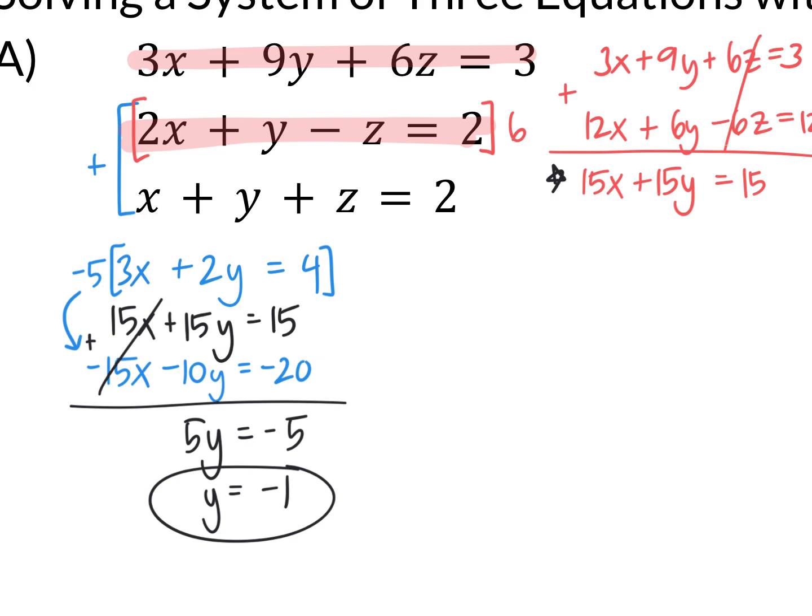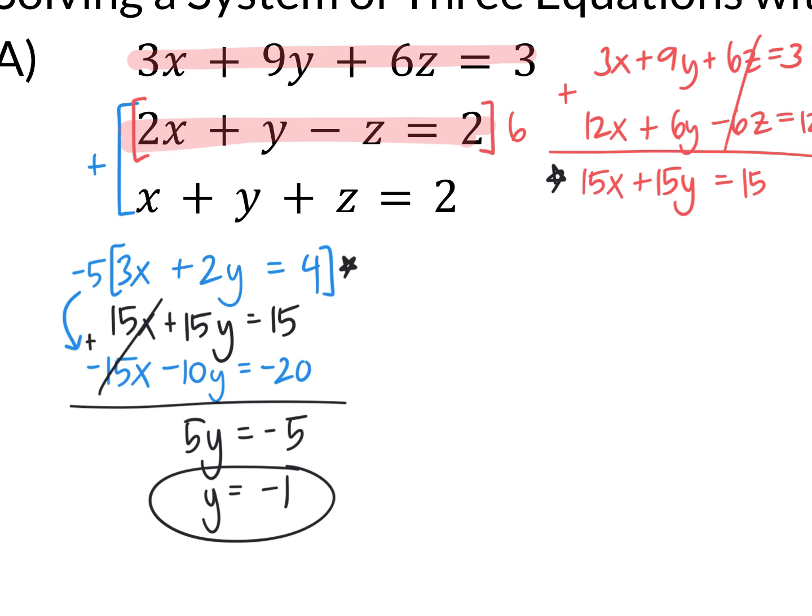Since I have 3 variables here, instead of a coordinate pair with only 2 numbers, we're going to have a coordinate with 3 numbers, and it's going to be in alphabetical order: x, y, z, okay? So now that I know what y equals, I had these original 2 equations here with my stars after I've added them that just have x and y. So can I plug negative 1 back into one of those and solve for x? You bet I can. So let's do it.